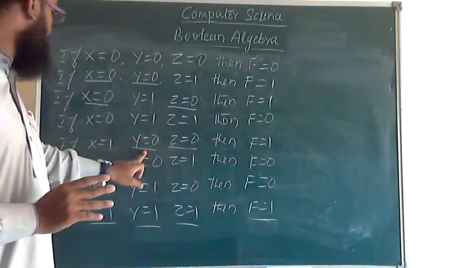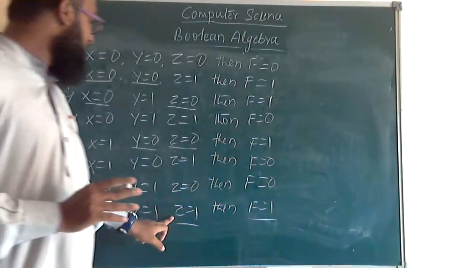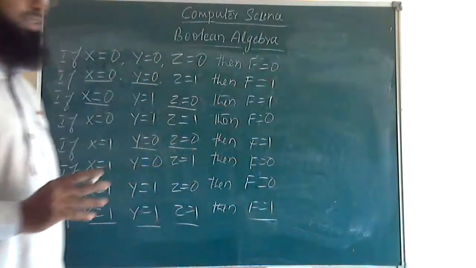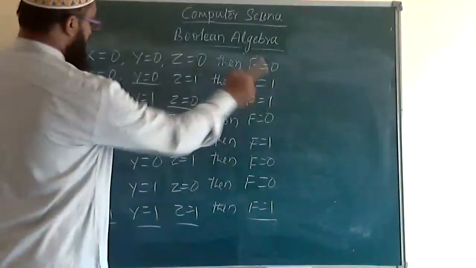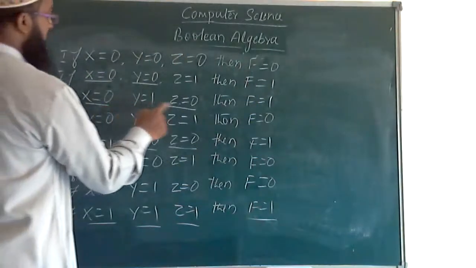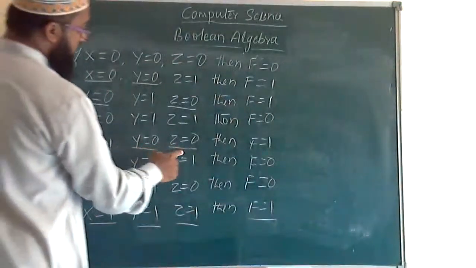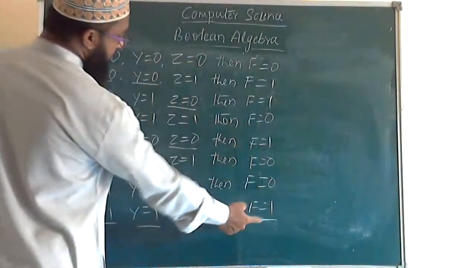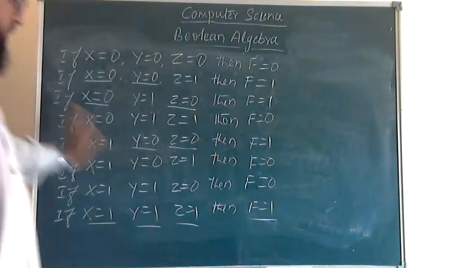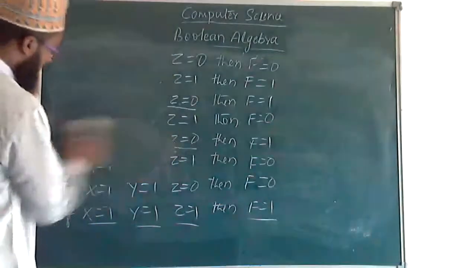Here all three variables have value 1, then f is 1. X value 0, y value 0, z value 1, 1. X value 0, y value 1, z value 0, 1. X value 1, y value 0, z value 0, 1. Now I am going to write the truth table for this.